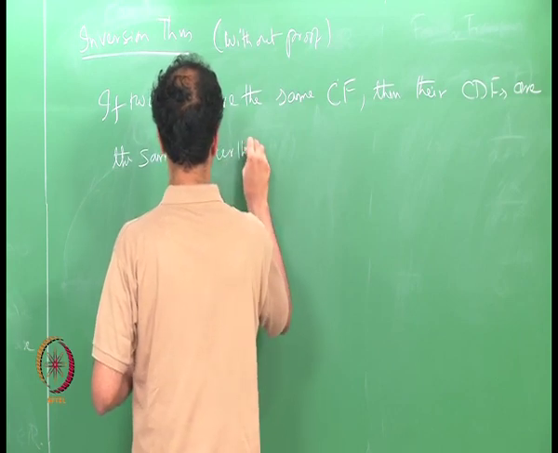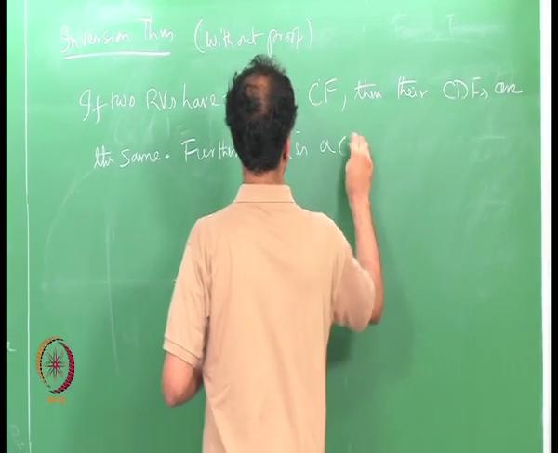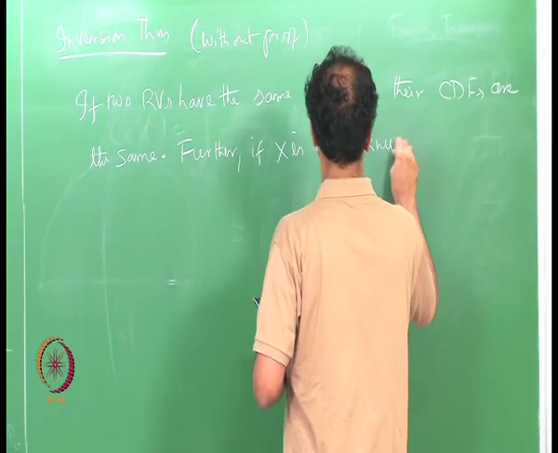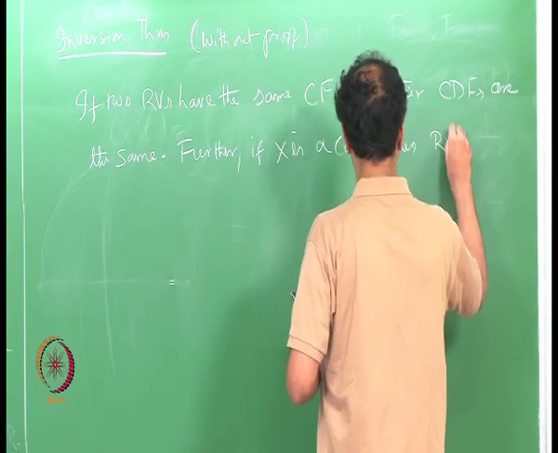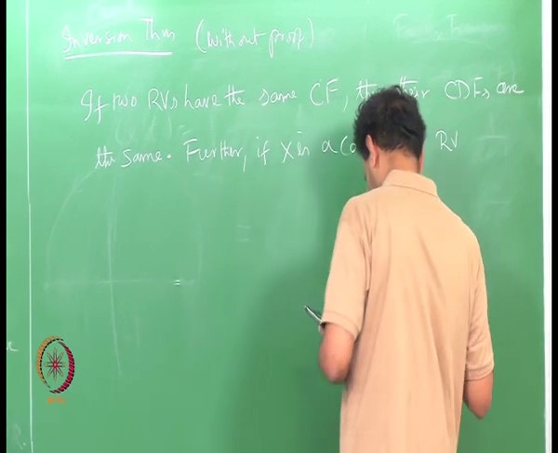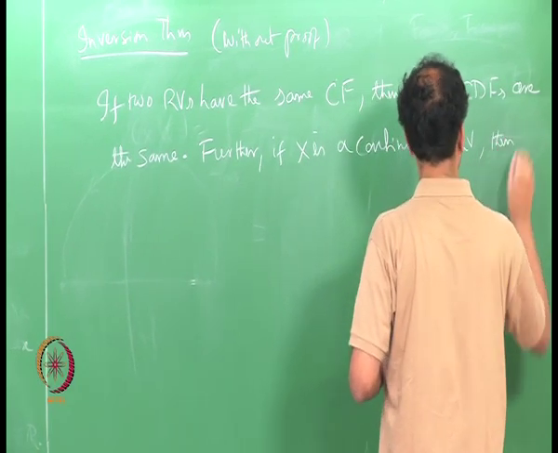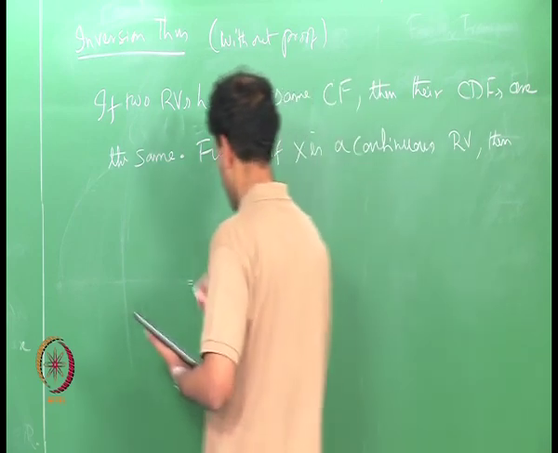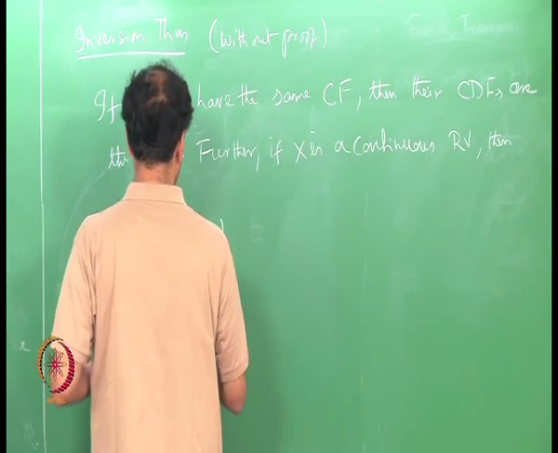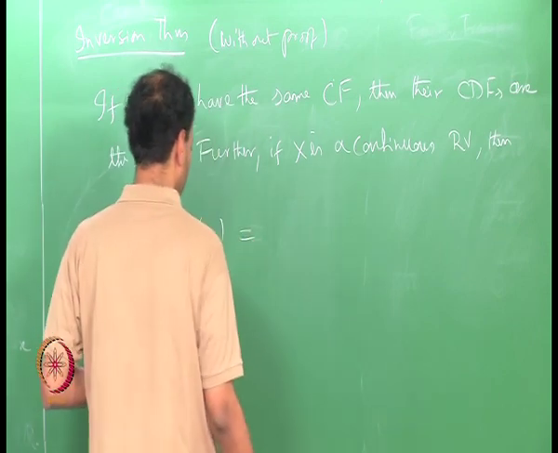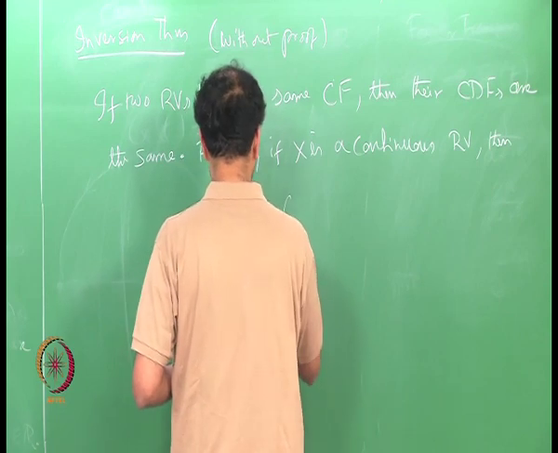Further, if X is a continuous random variable, then the PDF can be recovered from the characteristic function as follows.